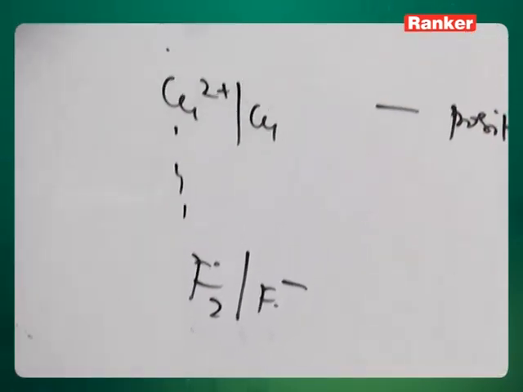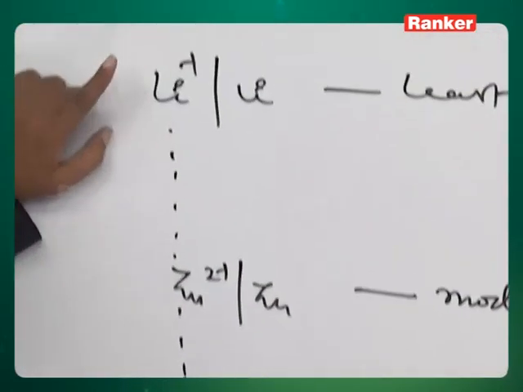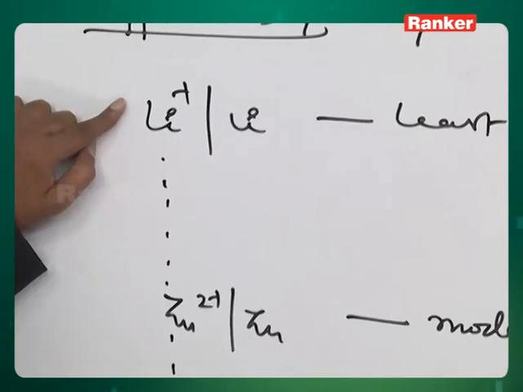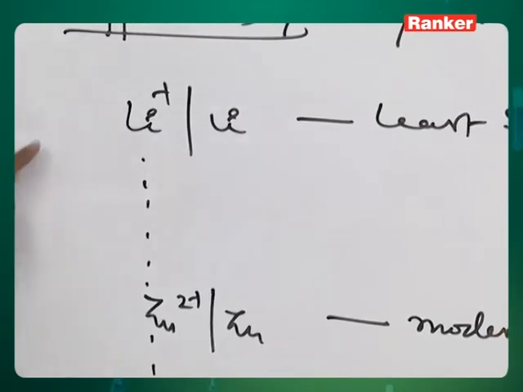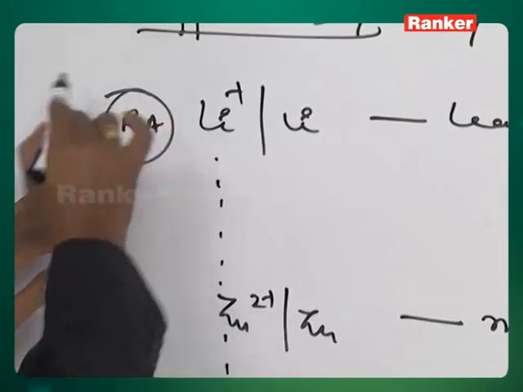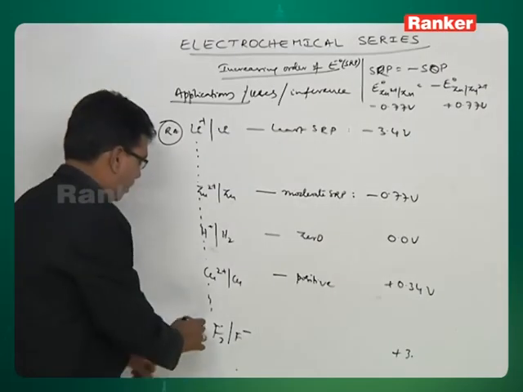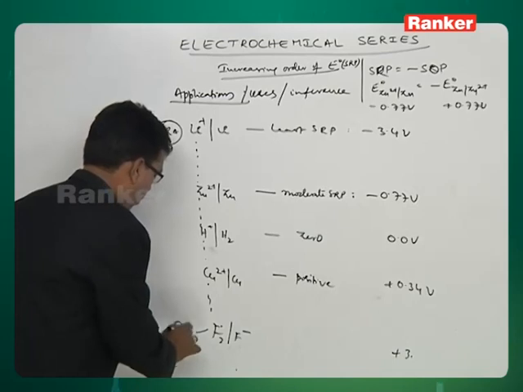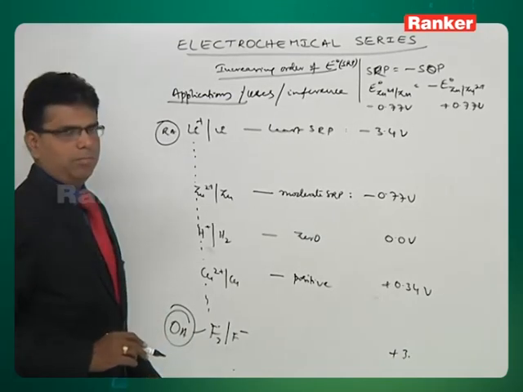This is the sequence. From this, what you can understand is that the element that comes first is a better reducing agent, and the element that comes last is a very good oxidizing agent.